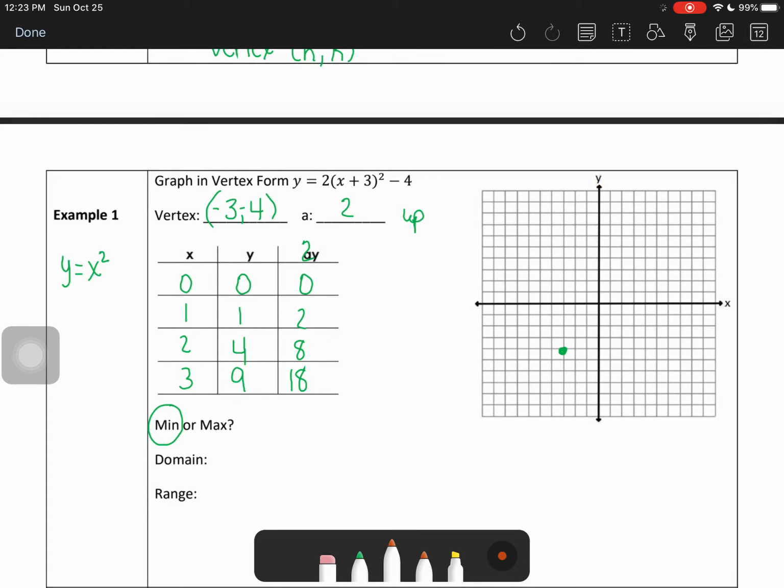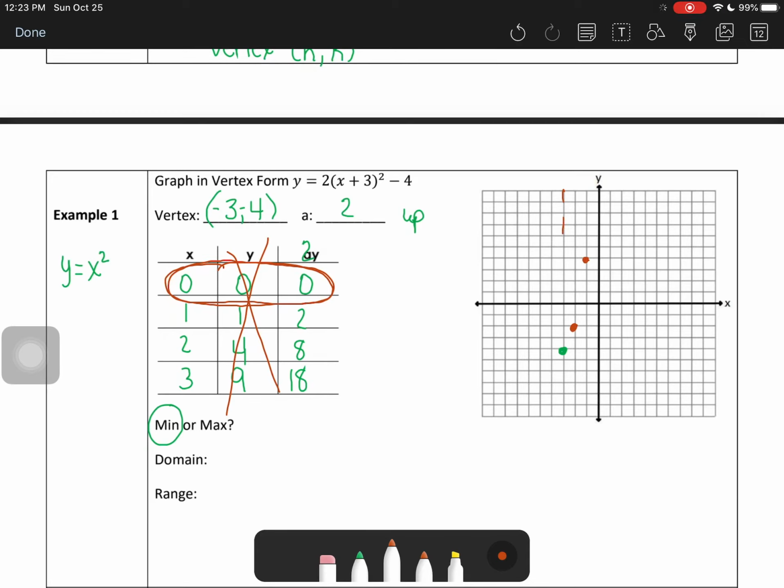And this (0, 0) I circle, it is our vertex, and it has been shifted to (-3, -4). So from that vertex, we're going to go over 1 unit to the right and up 2, over 2 units and up 8. And we don't have enough room for the 3 and 18.